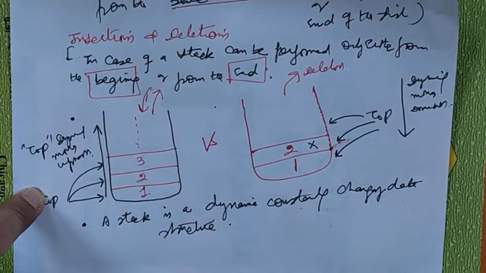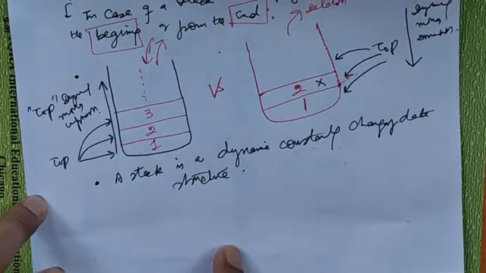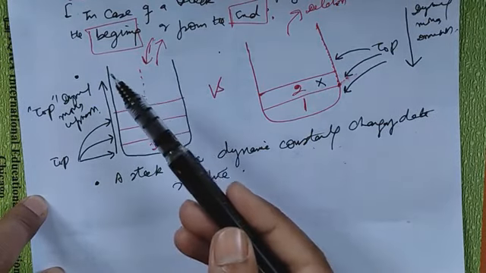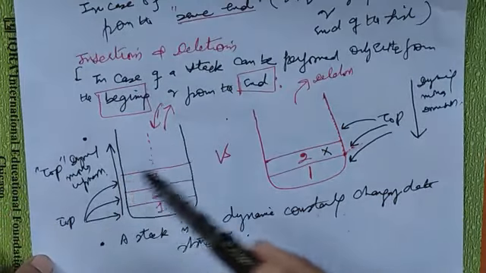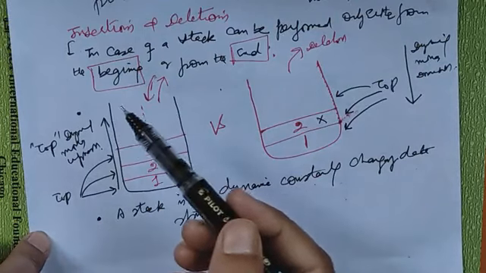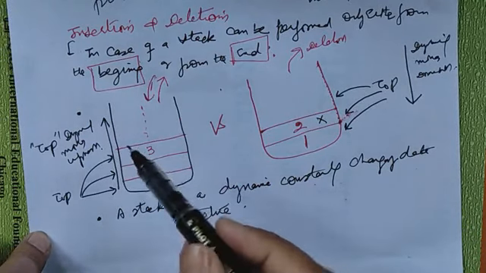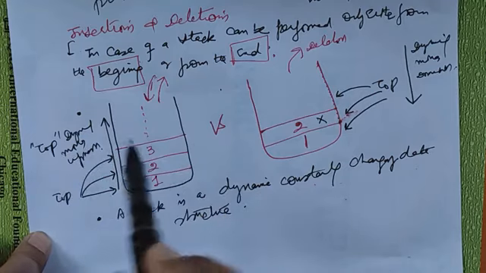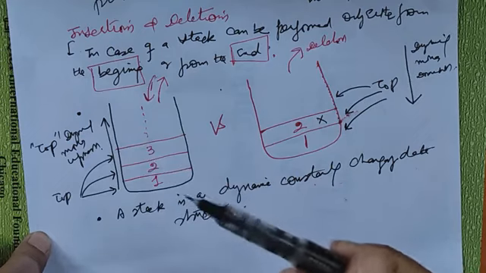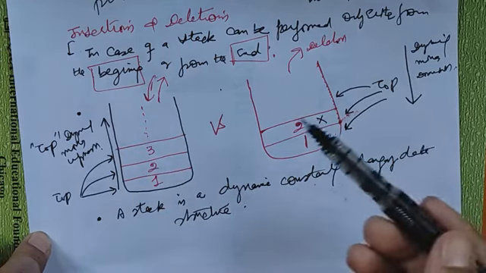Now, since I said that insertions and deletions can be made either from the beginning or from the end of a list, the safest bet is to perform these operations from the beginning of the list, since the complexity would be more if you do these operations from the end of the list.